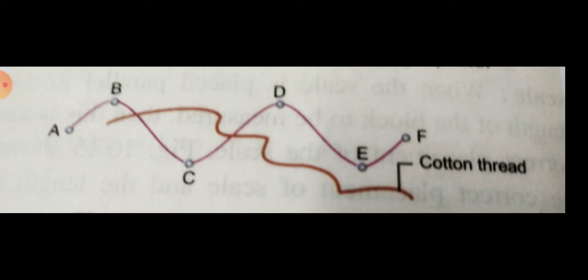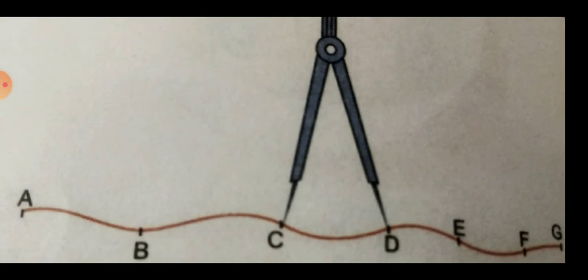So, this is the activity which we perform to measure the length of a curved line using a simple cotton thread. So, children, after this activity, we should perform another activity. You can see the picture on your screen. The aim of this activity is to measure the length of a curved line using a divider.